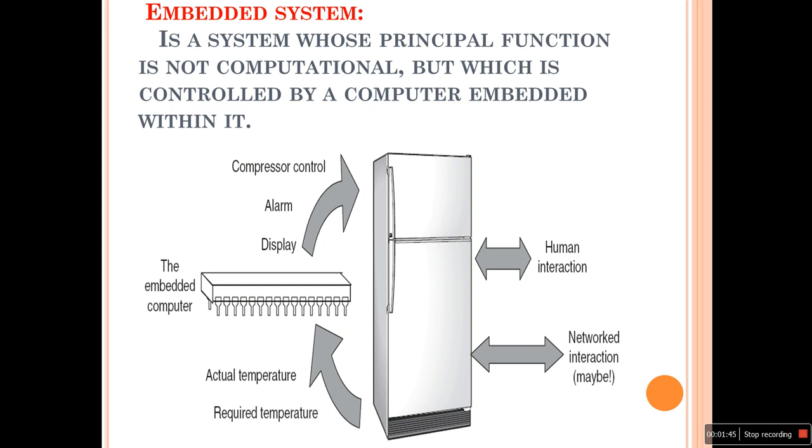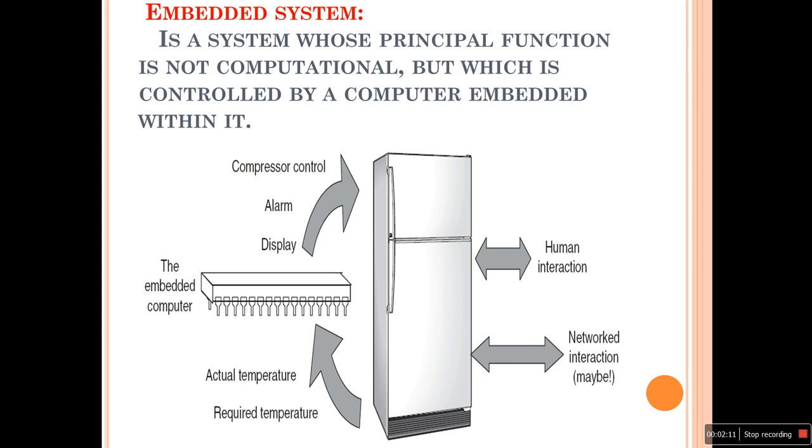What happens when we open the door of the refrigerator or the freezer? We have set some temperature, medium, cool, or high, or low. So things inside the refrigerator remain at that temperature. When we open the door, outside air disturbs the temperature, and then our embedded system starts working behind the scene.